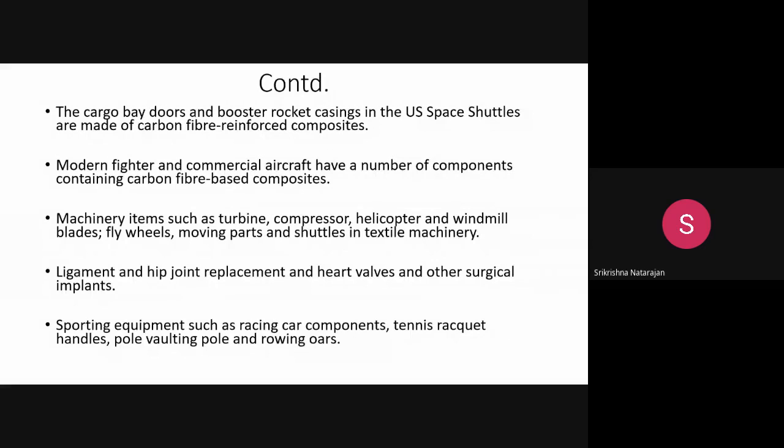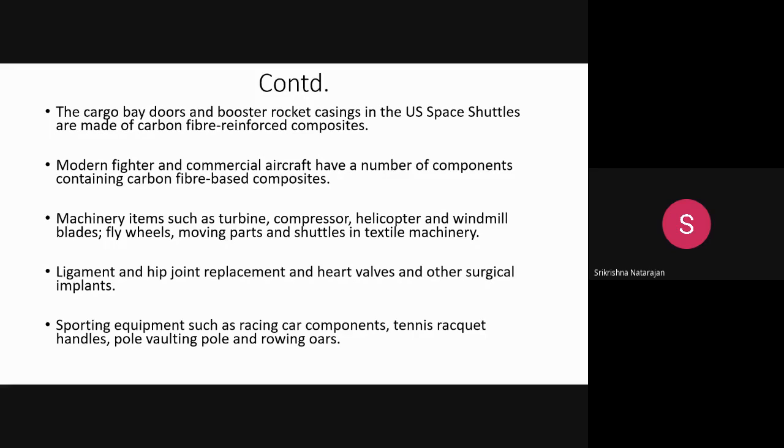And modern fighter and commercial aircraft, they have a number of applications: turbines, compressors, helicopter blades, windmill blades, flywheels, moving parts, and shuttles. In textile machinery, these are made up of carbon fibers. If you see in medical textiles also, it has applications like ligament and hip joint replacement, heart valves, and surgical implants. Whether you need to implant some material inside the body, these carbon fibers can be used.